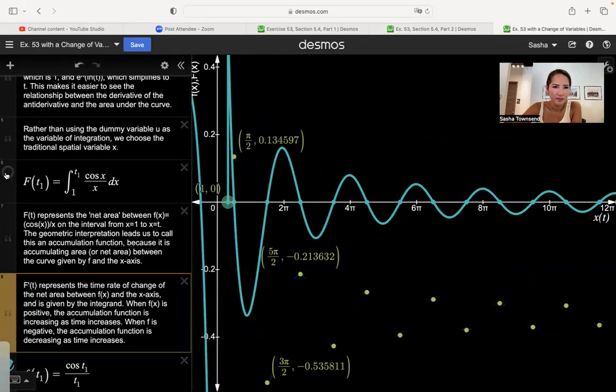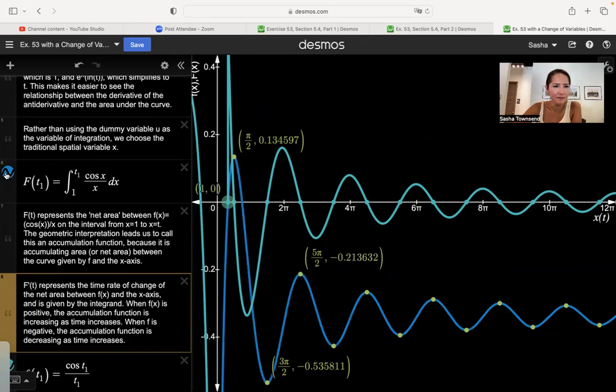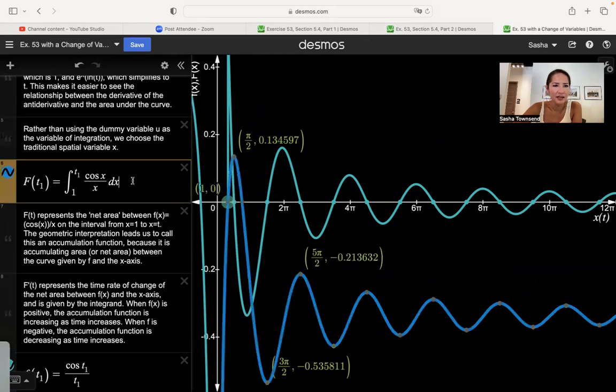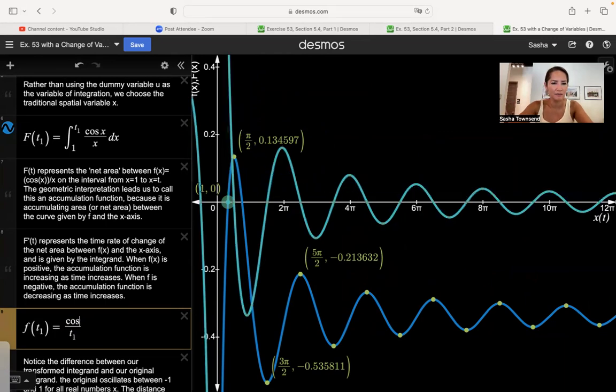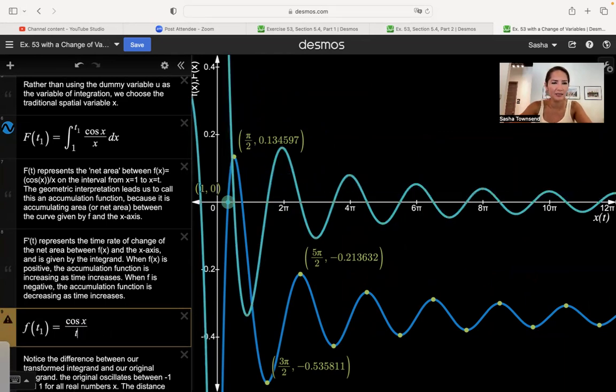It looks like this. So here is f of t, and the integrand is f of t equals cosine of t divided by t, or alternatively, we can think of this as cosine of x divided by x.